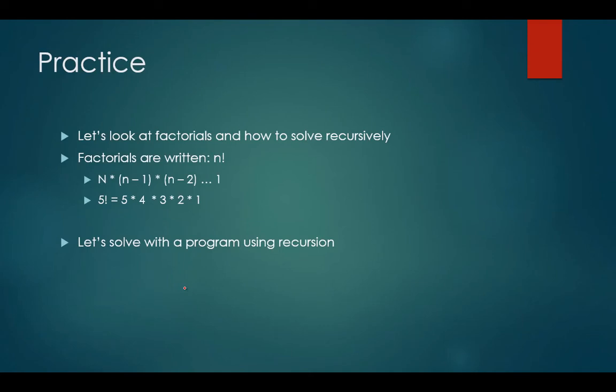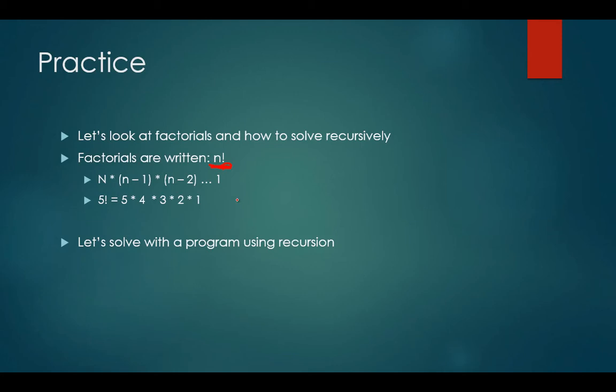All right, so to look at a recursive function, we're going to look at the factorial problem that the book talks about. In case you haven't worked with factorials, this is how we write a factorial: it's the number and then an exclamation point.